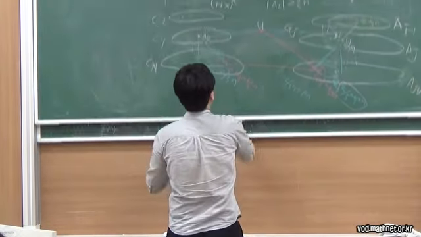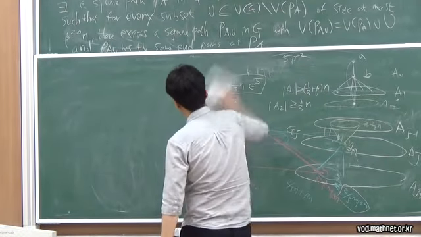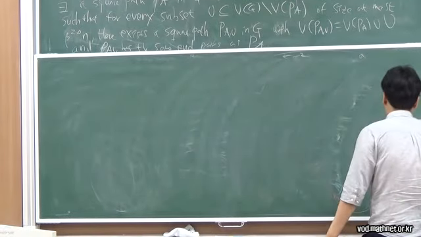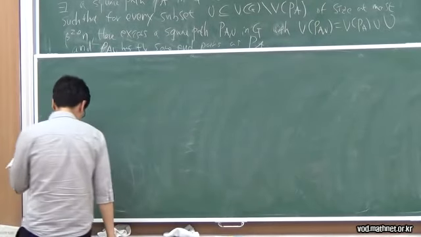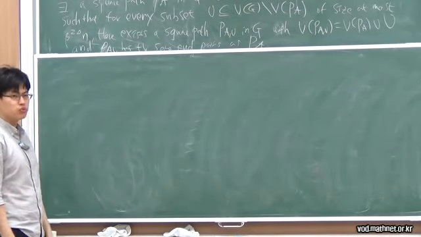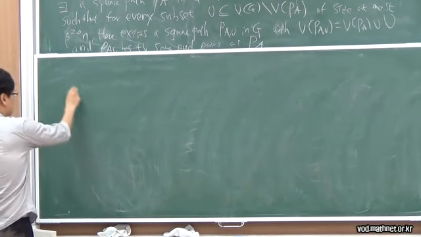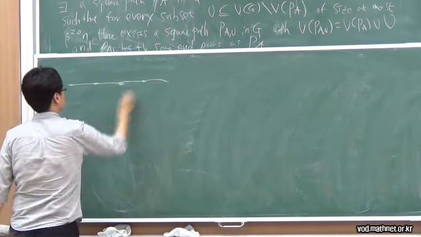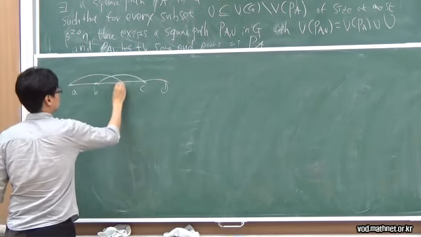To prove that, we need to come up with a way to observe one vertex. So when can we observe one vertex into a square path? We will use this structure. Let's say we have this square path.